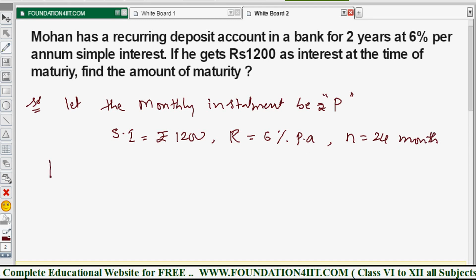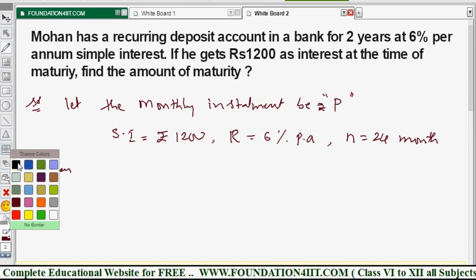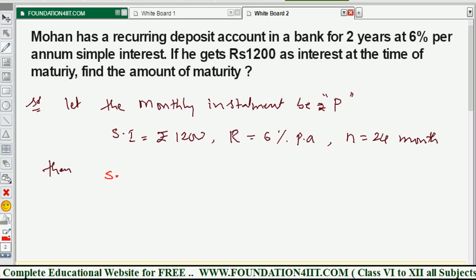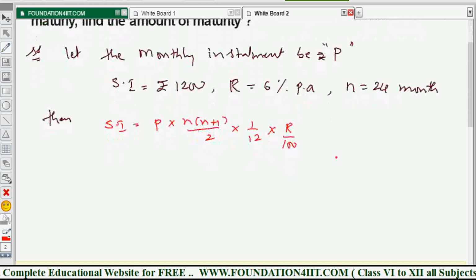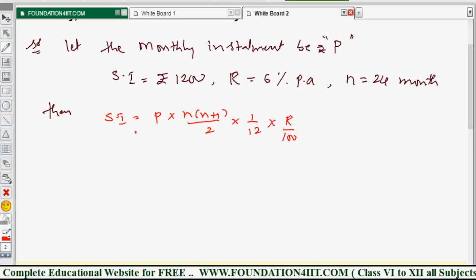Then we will take the simple interest formula first. From the simple interest formula only, you can find all the remaining values. So the simple interest formula is P into n into (n plus 1) by 2 into 1 by 12 into r by 100. Every time, write the formula and start the problem, it's easy to remember. Just substitute the values.